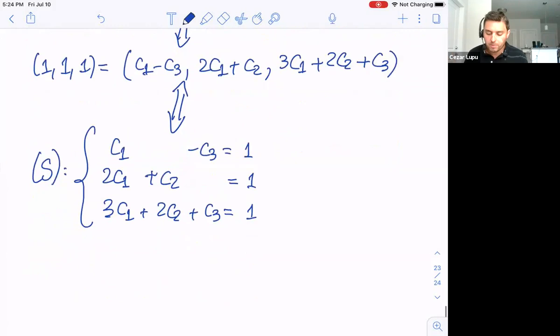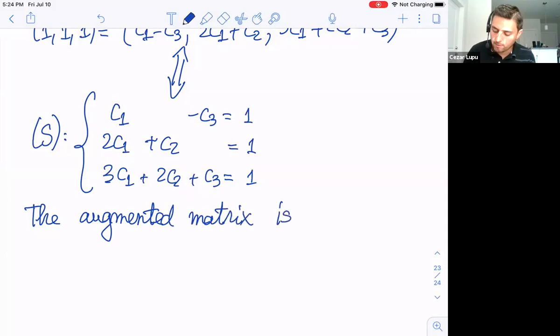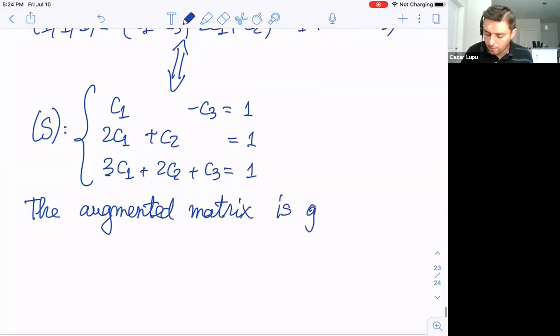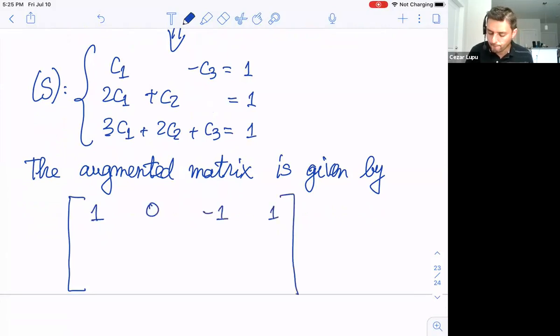You can consider the augmented matrix. So the augmented matrix is given by, let's write it, row 1: 1, 0, -1, 1. Row 2: 2, 1, 0, 1. Row 3: 3, 2, 1, 1.